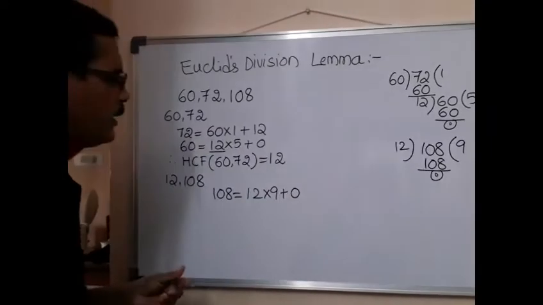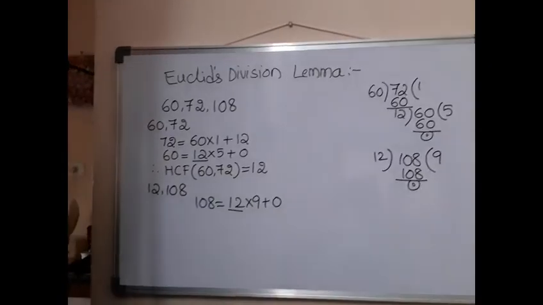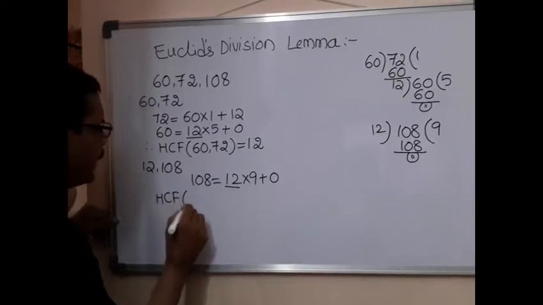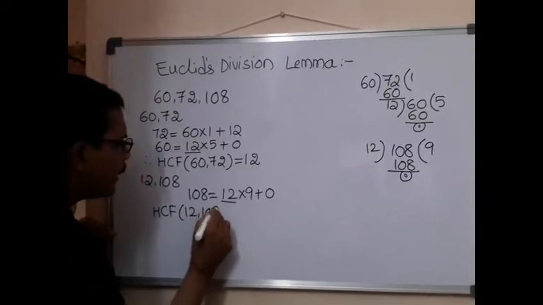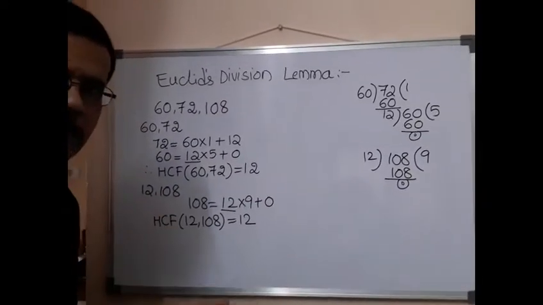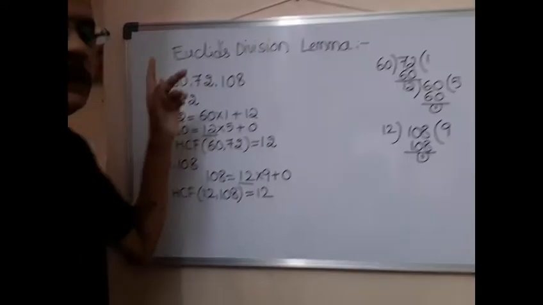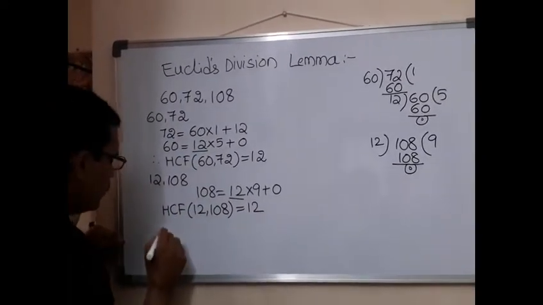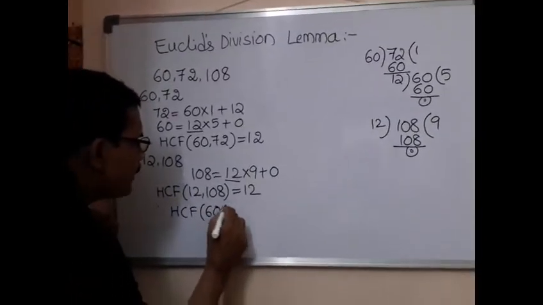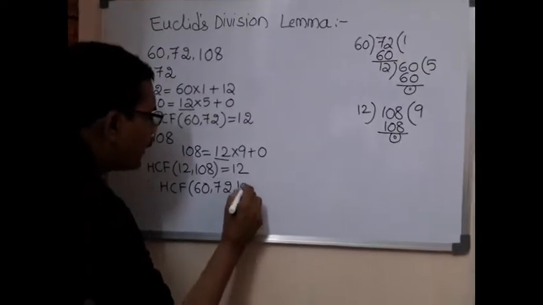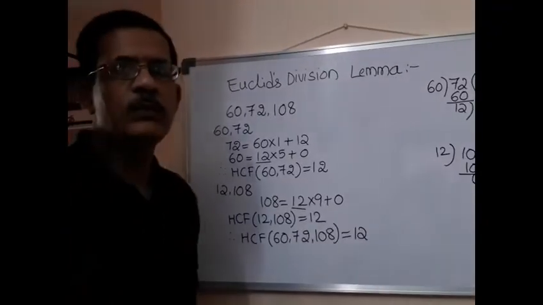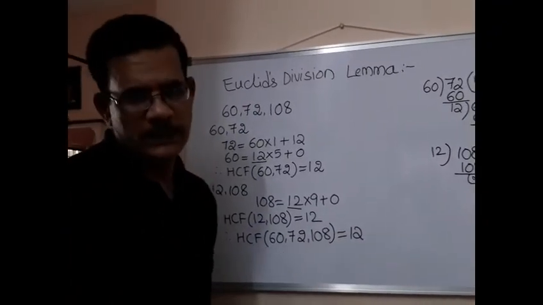Here HCF of 12 and 108 is 12. This is the HCF of 12 and 108 as well as the HCF of the given three numbers. Therefore HCF of 60, 72 and 108 is 12. In this way we can find the HCF of three numbers.